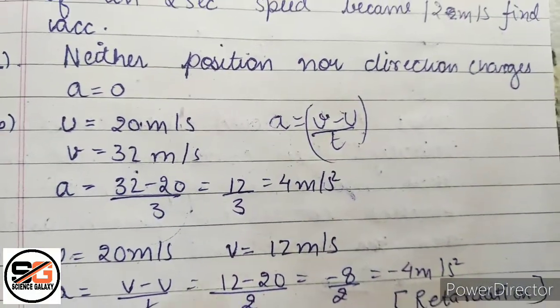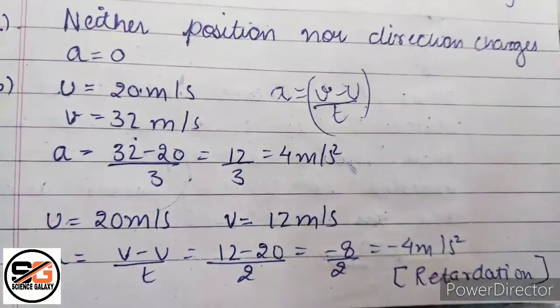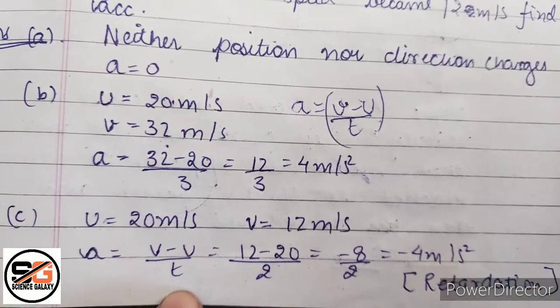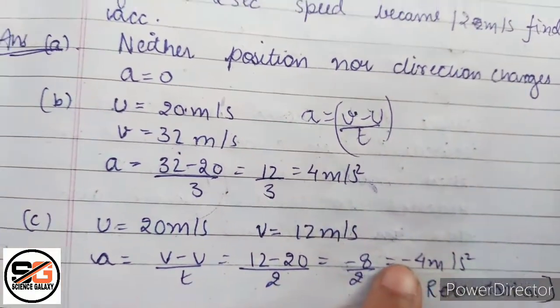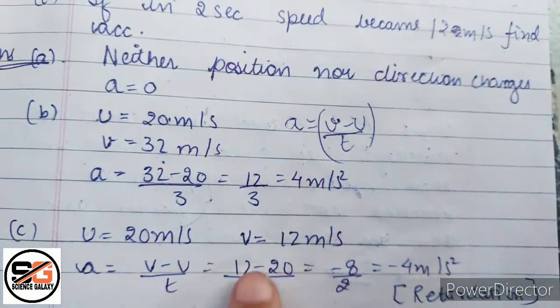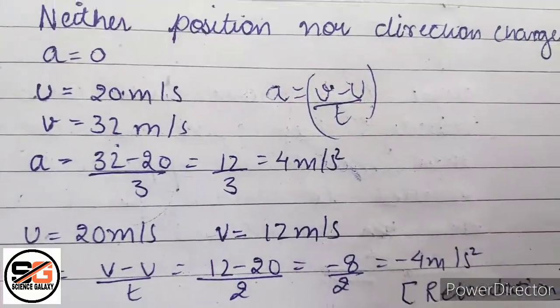In a time interval of 2 seconds, the speed became 12 meters per second. Acceleration is equal to v minus u upon t. It would definitely come out to be negative because the speed is decreasing. And negative acceleration would mean retardation.